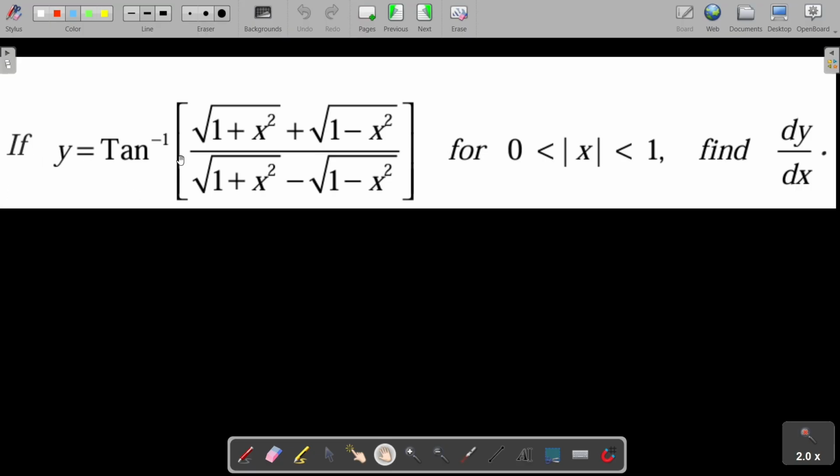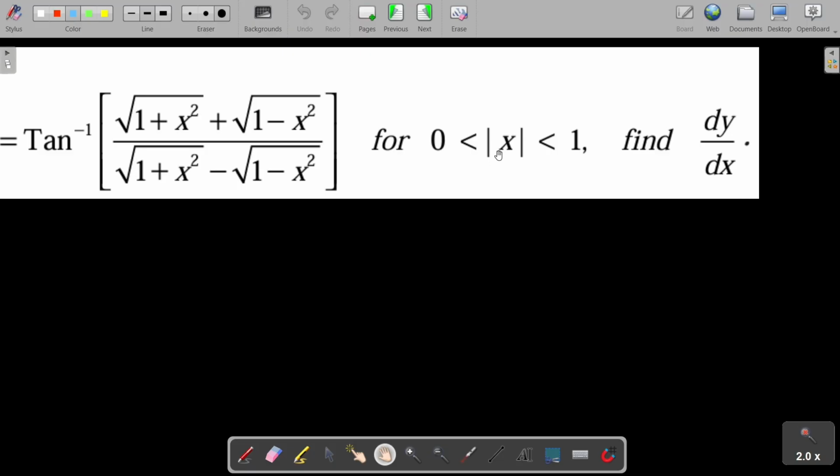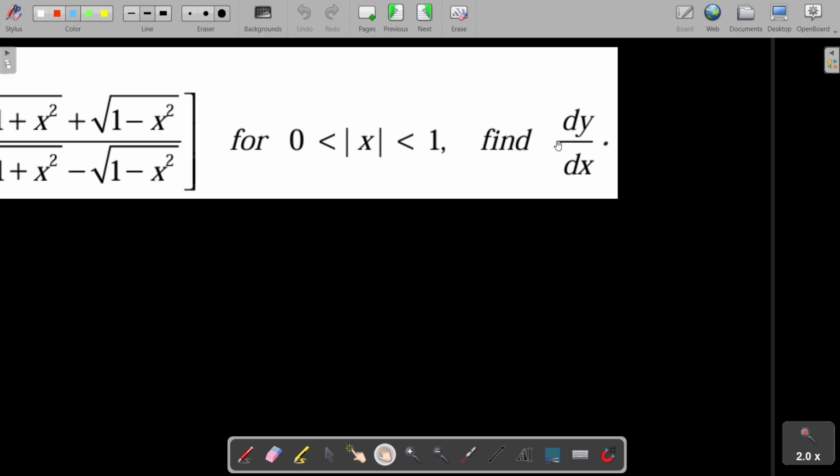If y is equal to this function, tan inverse of root of 1 plus x square plus root of 1 minus x square over root of 1 plus x square minus root of 1 minus x square, for mod x between 0 and 1, we need to find dy over dx.